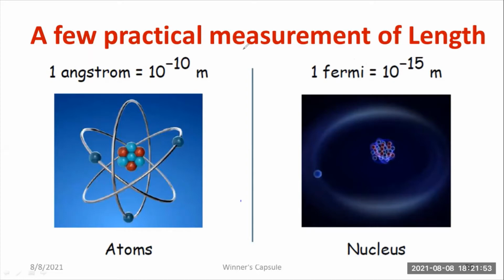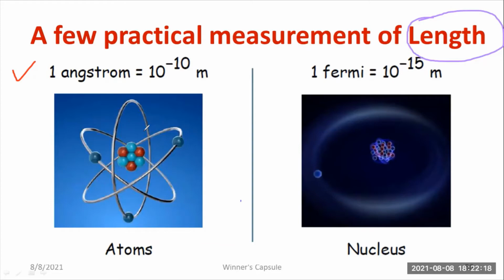First of all, I would like to discuss a few important practical units of length. You know that length is a physical quantity. The standard unit is the meter. As far as practical measurement is concerned, one of the important units is the angstrom. 1 angstrom equals how many meters? 10 to the power minus 10 meter.